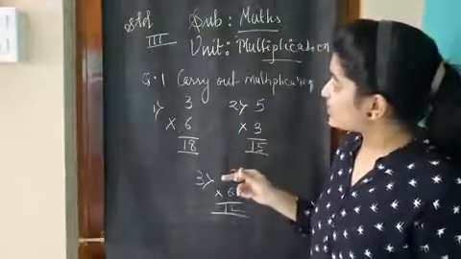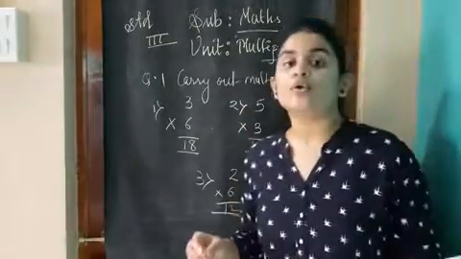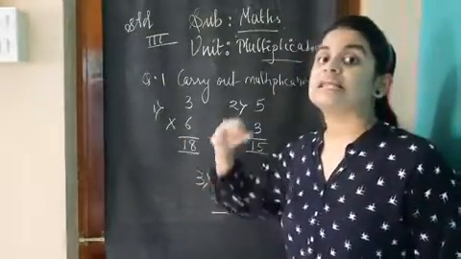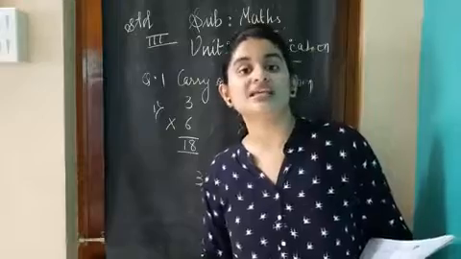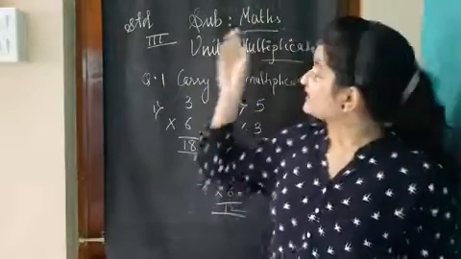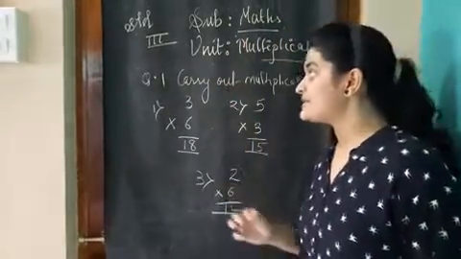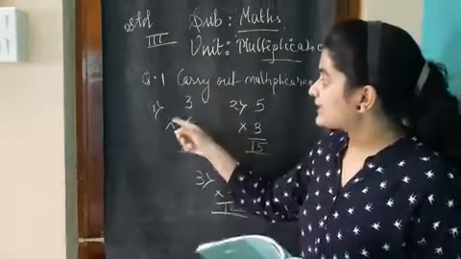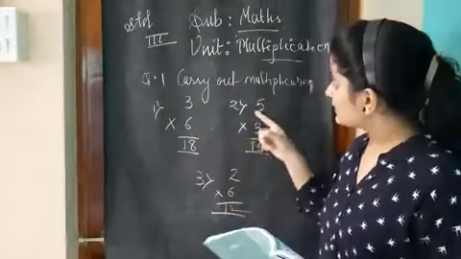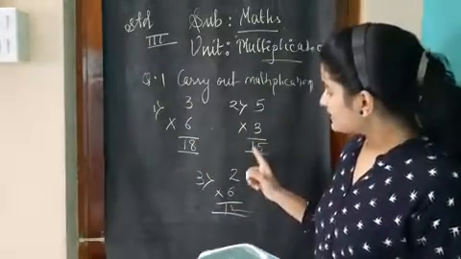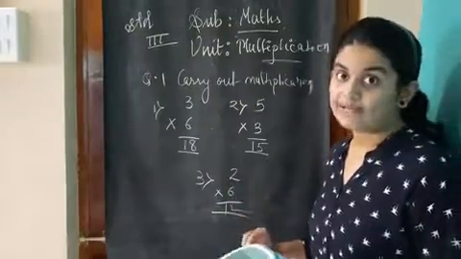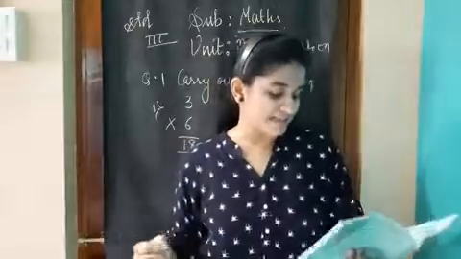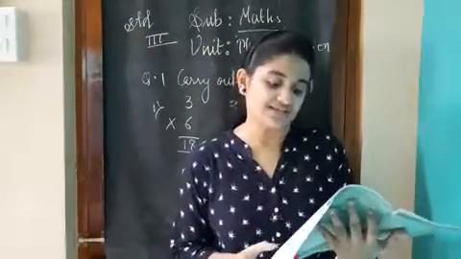So now in the first question, we saw how to write tables in vertical manner, right? So here we got the answers of the first one: 3 sixes are 18, 5 threes are 15, 2 sixes are 12. Right, students? So now let us see some more examples of multiplication.